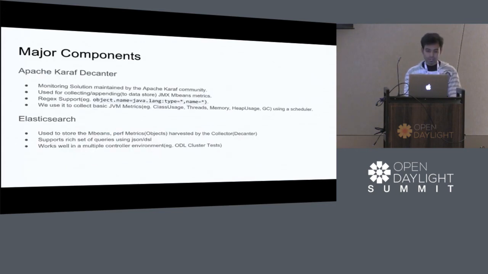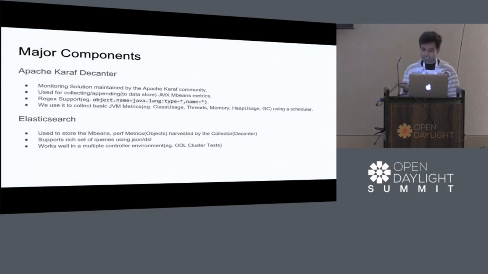So the major components: once we have Karaf Decanter, a short introduction, it's a monitoring solution maintained by the Apache Karaf community. It's used for collecting, appending, and scheduling the JMX MBean metrics. It has support for a rich set of regexes, so I can ask a very simple question.